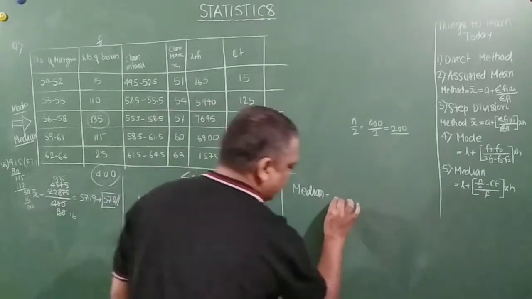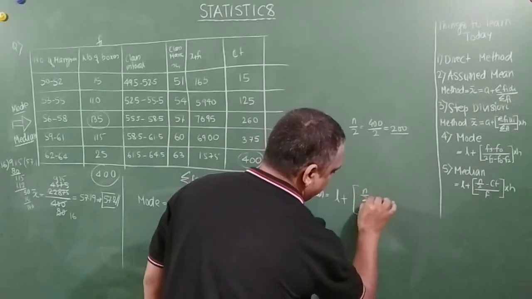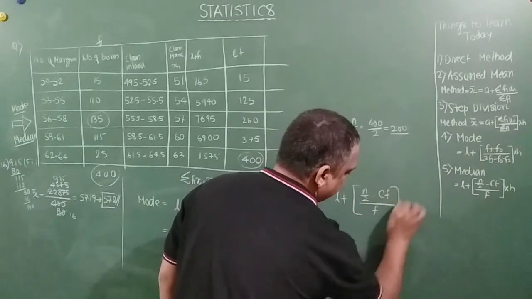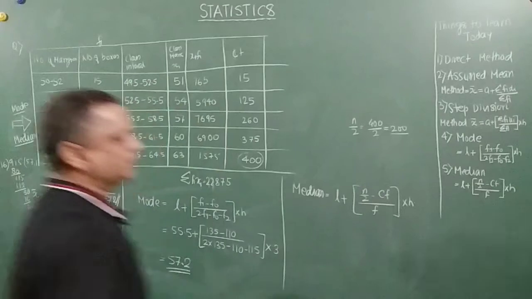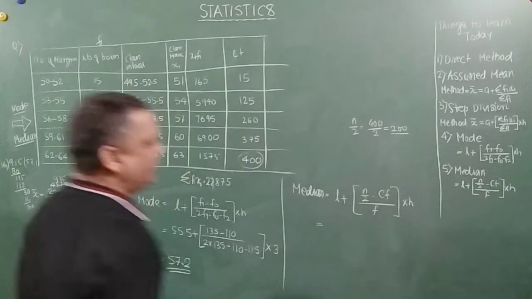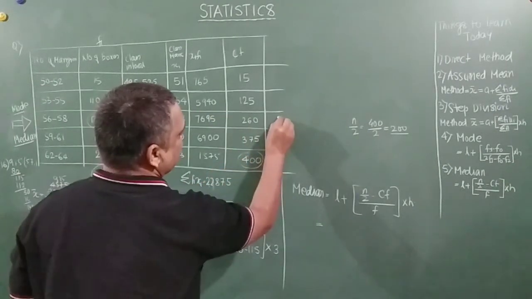So median is given by L plus n by 2 minus CF divided by f into h, right? L is the lower limit of the median class. So this is my median class, right, friends?